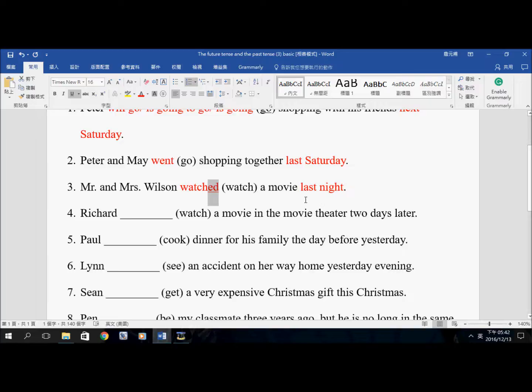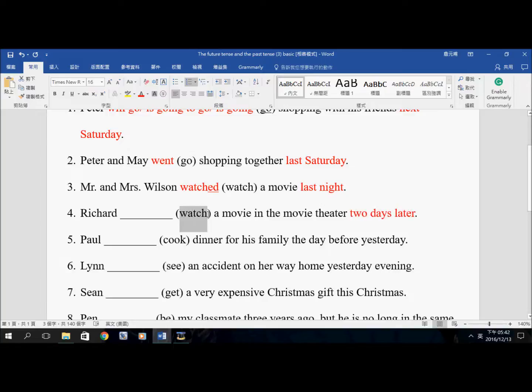Number 4. Again, let's look for the time marker. The time marker is right over here. 2 days later. 2 days later is talking about the future, so we have to use the future tense. The future tense, as we said, there are 2 different ways to use it. You can use will with the base verb or be going to with the base verb.